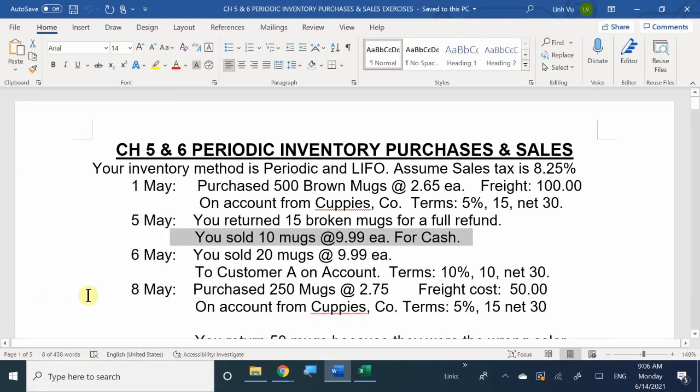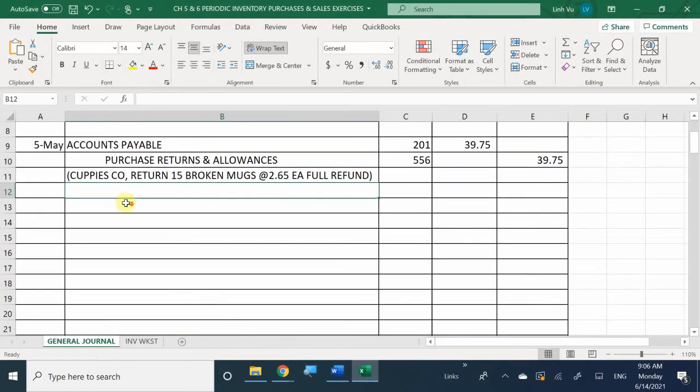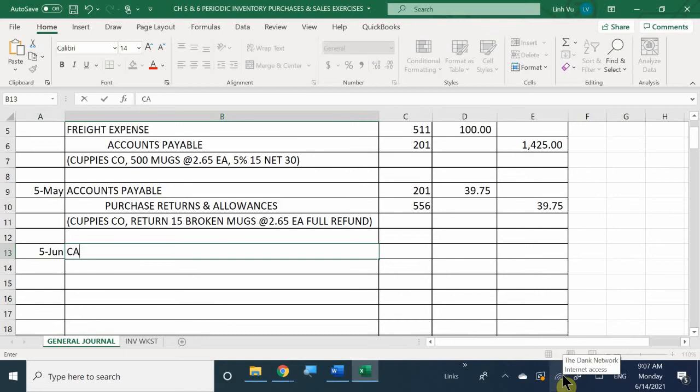So what accounts should I be using? Or in this case, what happened here? Okay, we sold items for cash. So what's our first account going to be? Cash. It would be cash.